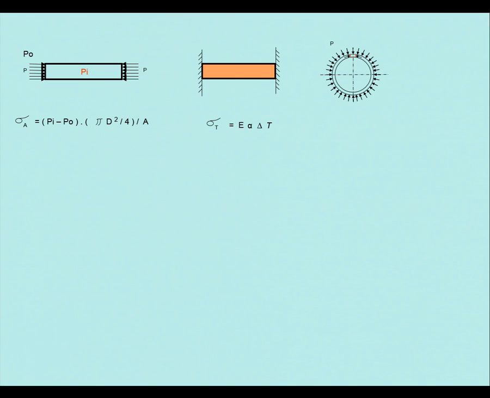So what you've got to do now is combine all these stresses. You've got your end effect, which is pressure times the area. You've got your restrained actual temperature stress, which is that. You've got your hoop stress and its longitudinal component, which is that. You've got the bend stress.